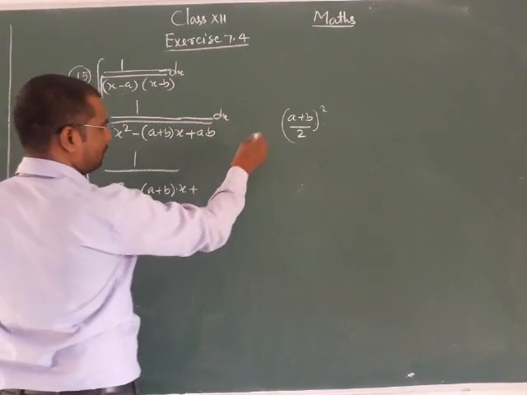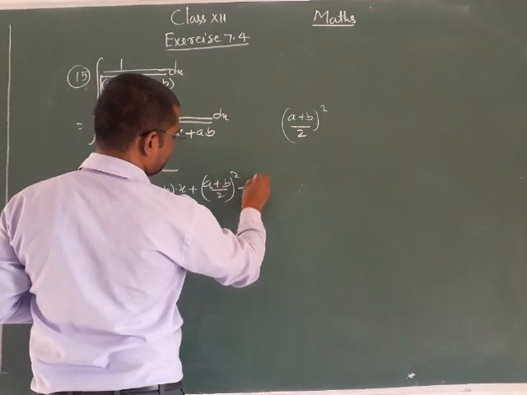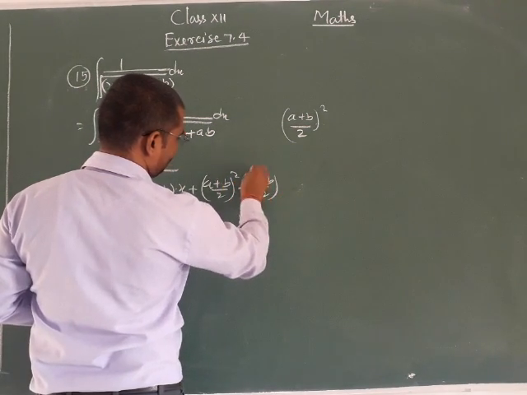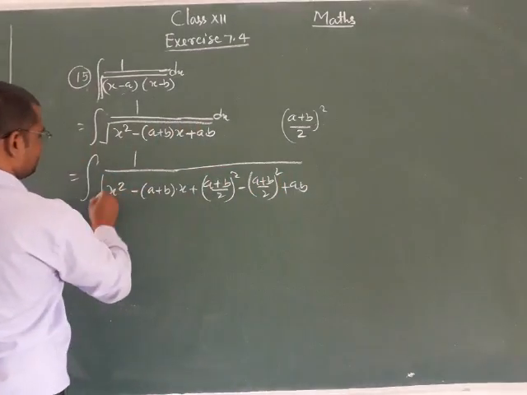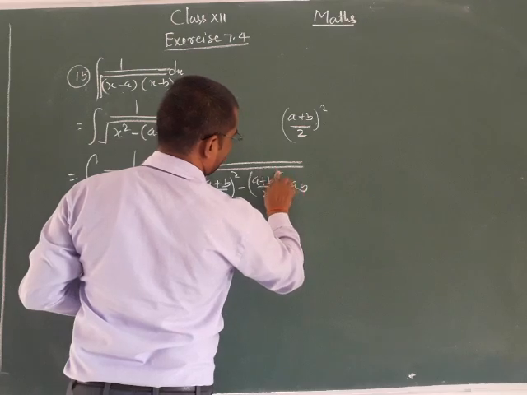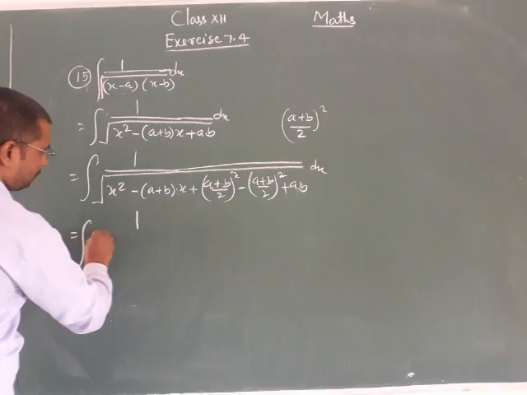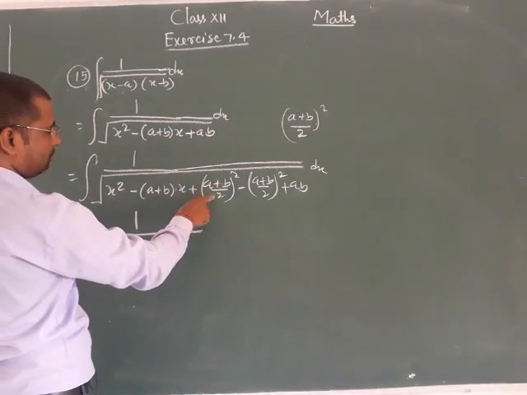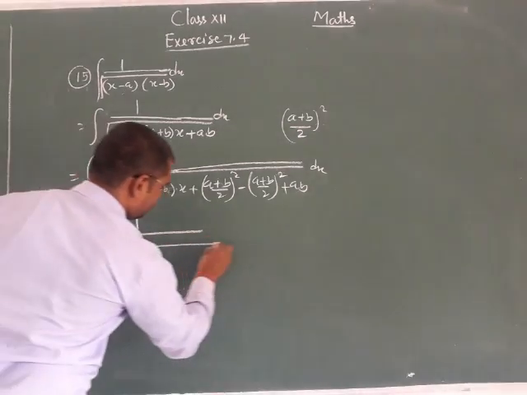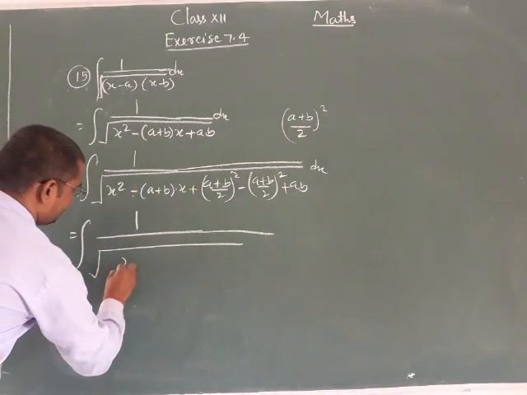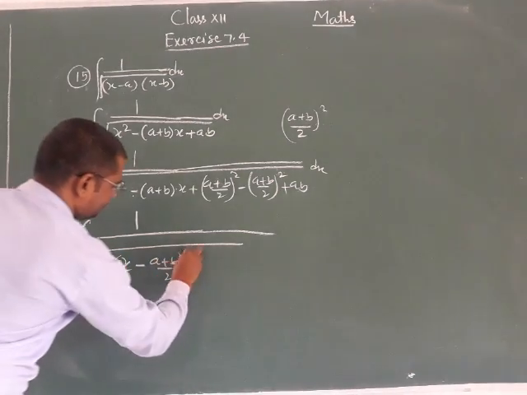So plus (a plus b upon 2) whole square minus (a plus b upon 2) whole square plus ab, dx. So also 1 upon a square plus b square minus 2ab, so we get x minus (a plus b upon 2) whole square.